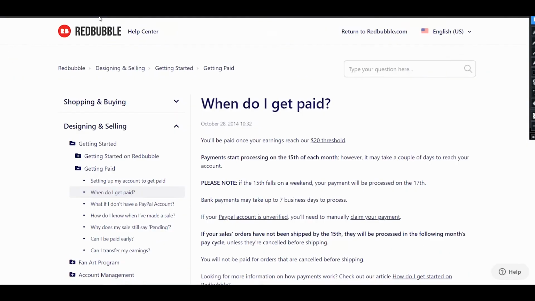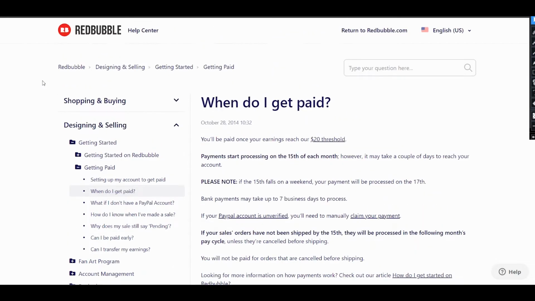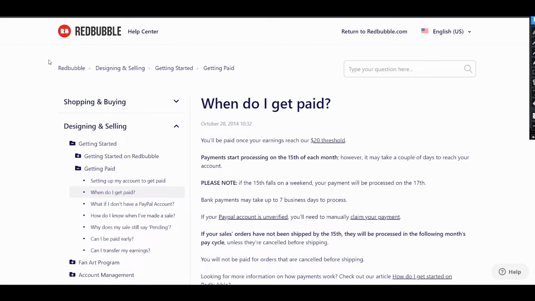The next question about payments is when you get paid. If you have some sales, usually from one sale you can earn a couple of dollars. Most sales will be from $1 to $5, but if you, for example, have only one sale or a couple of sales in a month, it is not guaranteed that you will be paid in this month.